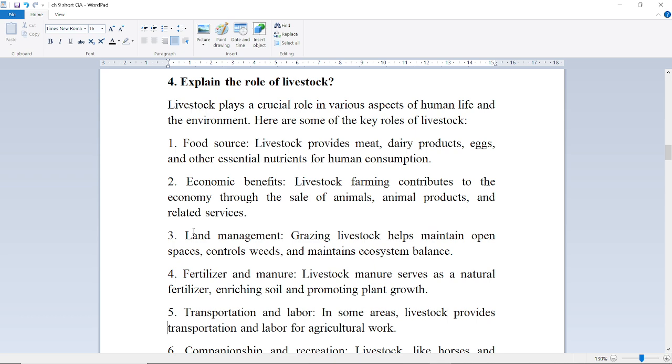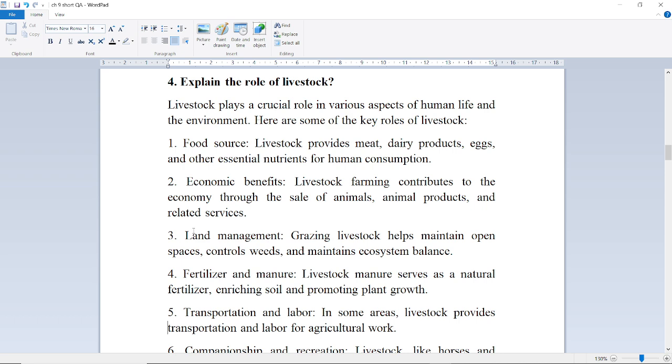Next is economic benefits. Livestock farming contributes to the economy through the sale of animals, animal products, and related services.